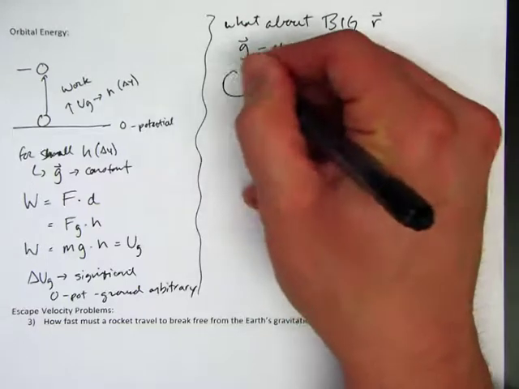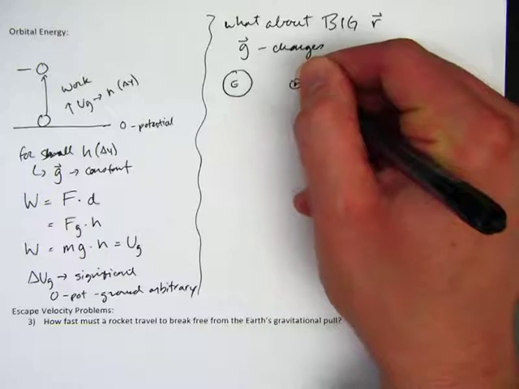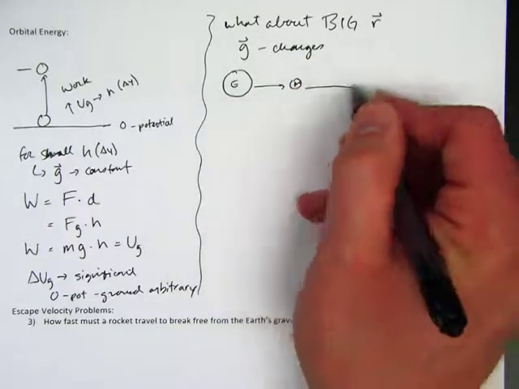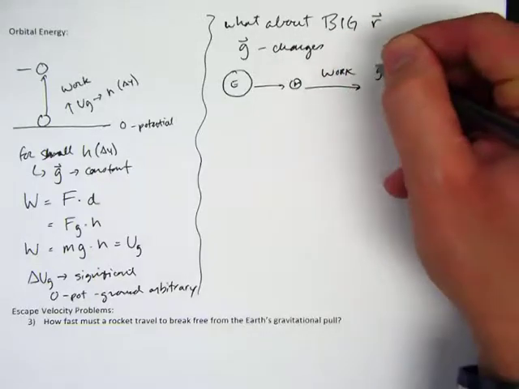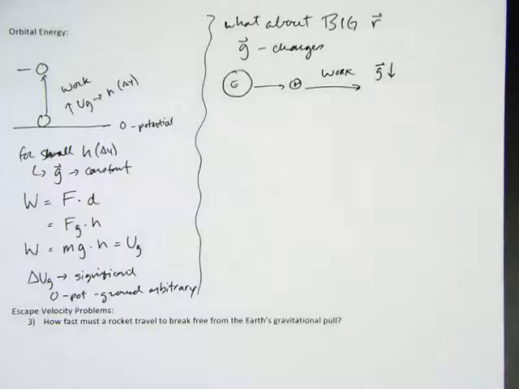So if I have the Earth here and I have some other mass here, as I elevate it and I do work to move it farther and farther away, the actual work I have to do decreases over time because I have to push with less and less force as the strength of gravity gets weaker and weaker.